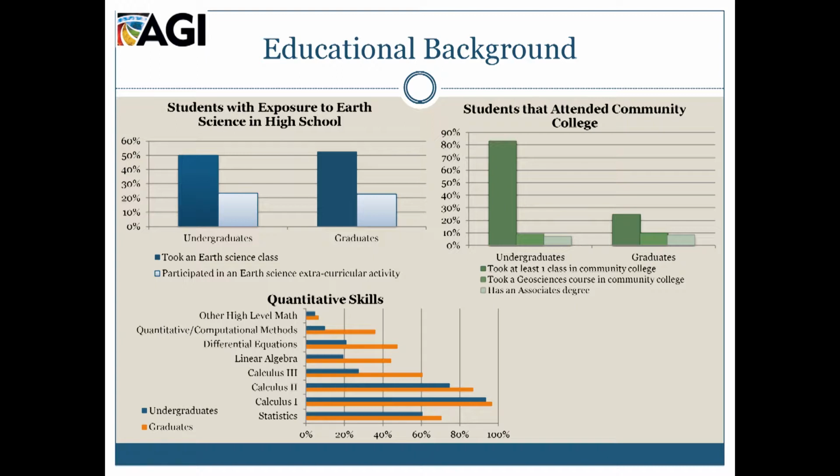The percentage is a bit lower for graduates, and less than half of them took a geoscience course in community college. This year we added a question on quantitative skills, and it was apparent that nearly all of our students had taken Calc 1 and a good majority Calc 2, but beyond that the undergraduates drop off with the higher quantitative skills, and the graduates kind of vary as the classes got more difficult or they changed levels.